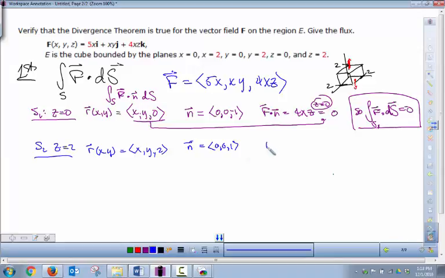And so if you dot those two things, F dotted with N, again, I'm looking at F up here, dotted with N, the 0, 0, 1, you just have 4xz. So x is x, y is y, and z is 2. So given the substitution you need to make, you get 8x.